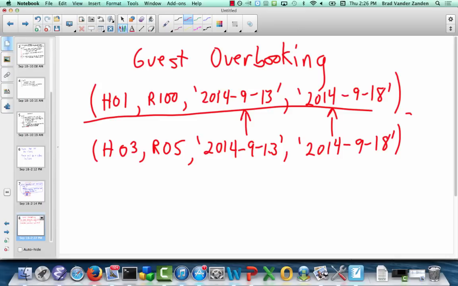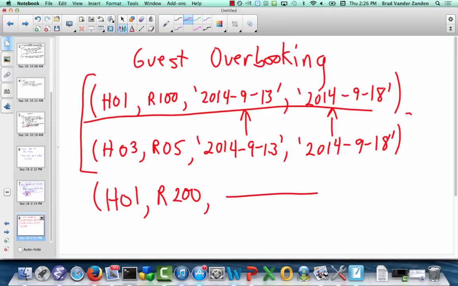Okay? So the true overbooking situations are a case like this where they're in 2 different hotels with an overlapping booking, or you could actually be in the same hotel with a different room and an overlapping reservation.